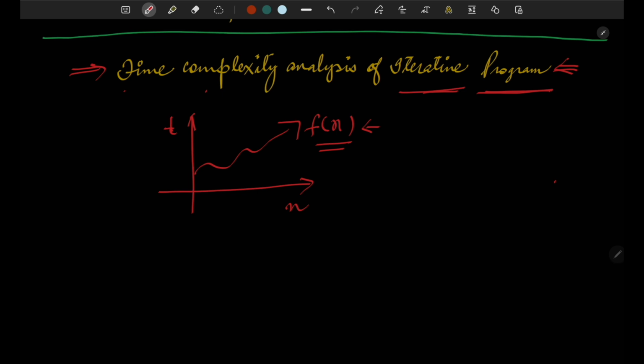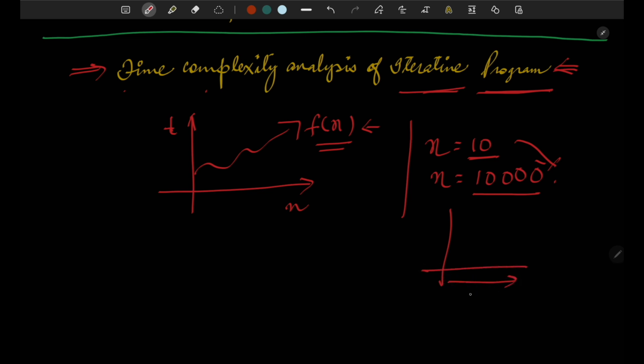We are not interested in smaller values. Rather, let's say if n is equal to 10 versus n is equal to 10,000, we are interested in knowing what exactly happens to the time taken when the input size increases from 10 to 10,000. So whatever is the progression based on the increase of the input size, that is being told by the graph that we have with this function f of n, right?